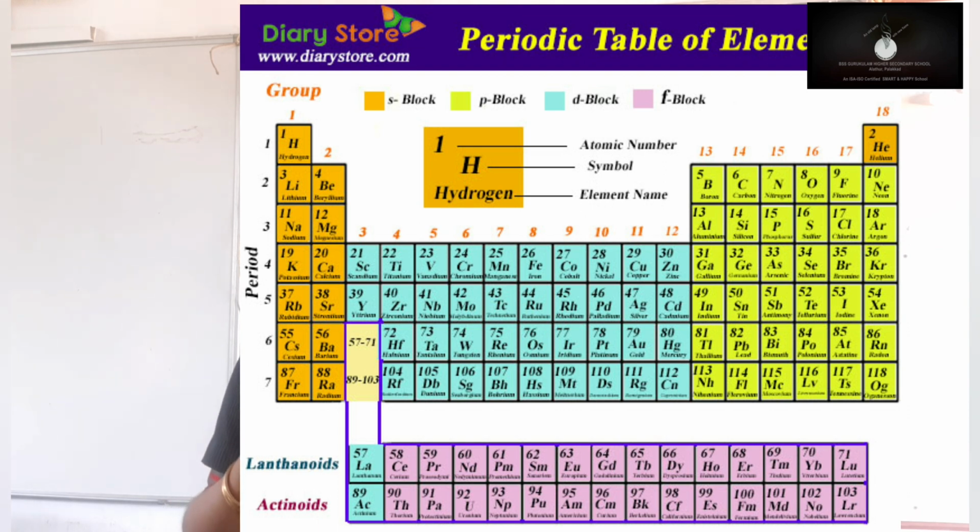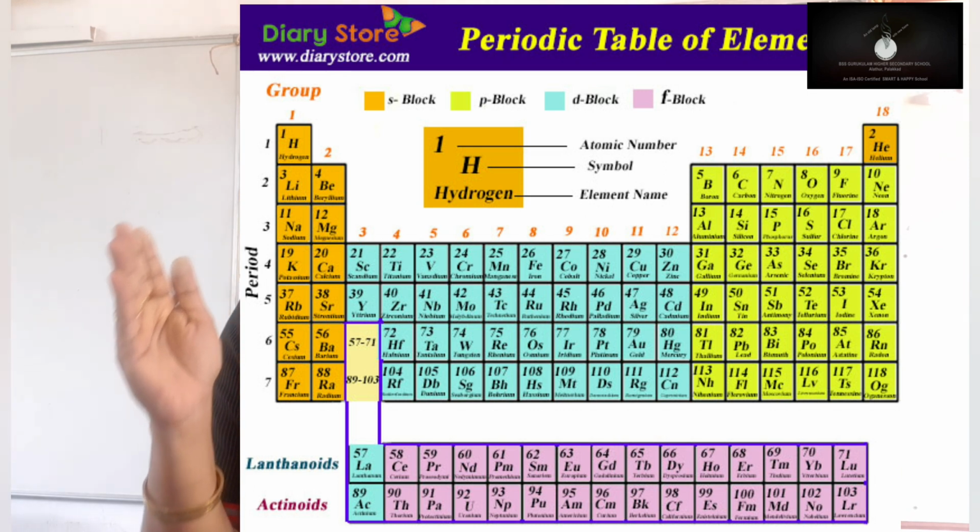There are 2 rows. Now you have some horizontal rows and vertical columns, right? What do we call the vertical columns? Groups. You have 18 columns, which means you have 18 groups. The horizontal rows are called periods.